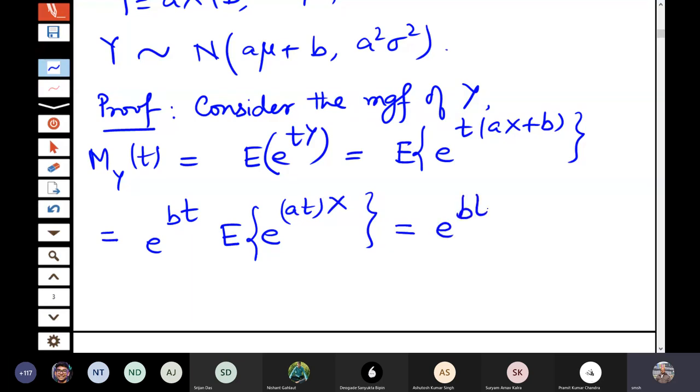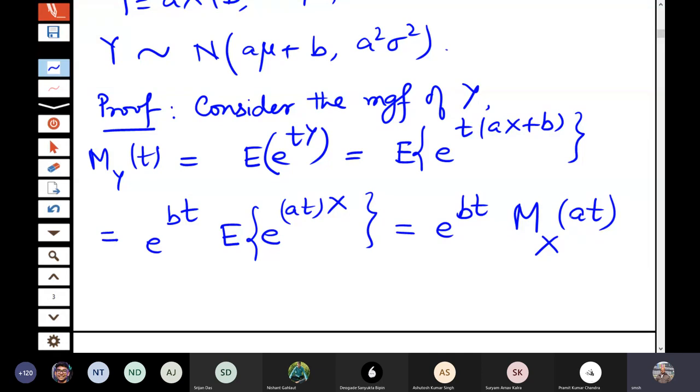You can consider this as the moment generating function of X at the point at, because the expectation of e to the power tX is M_X(t). Now the moment generating function of X is known because X is a normal distribution with mean mu and variance sigma square. The form of M_X(t) is e to the power mu t plus half sigma square t square.